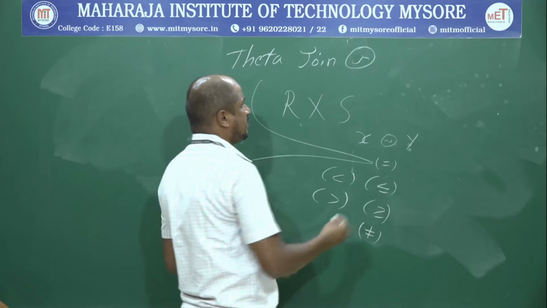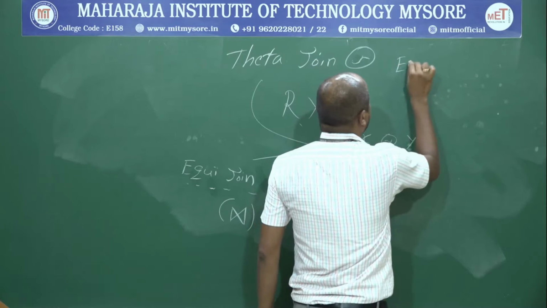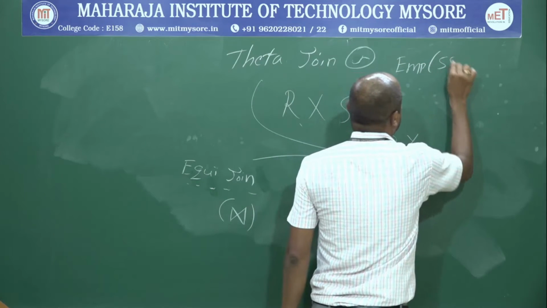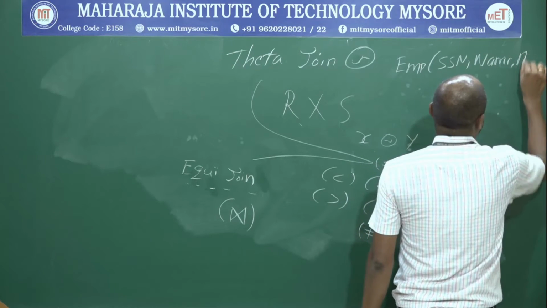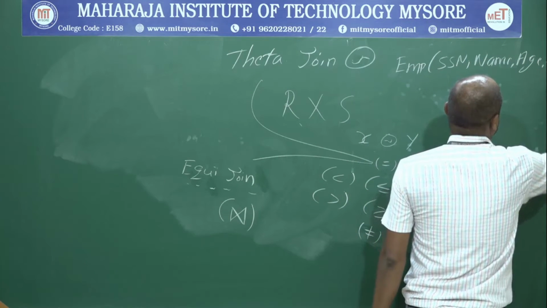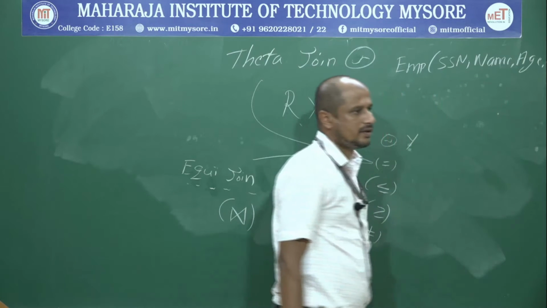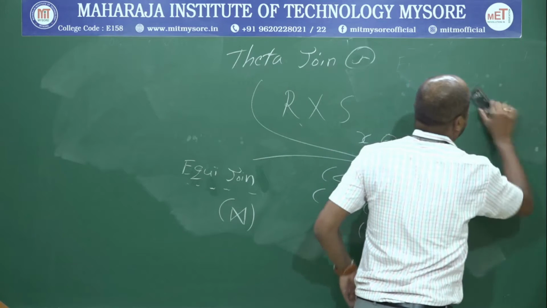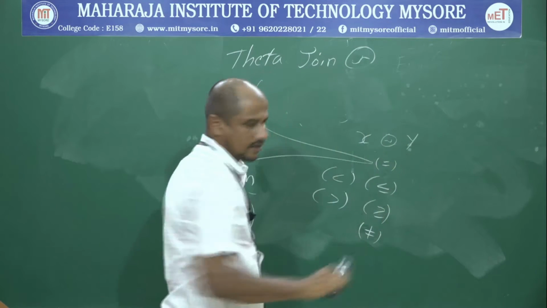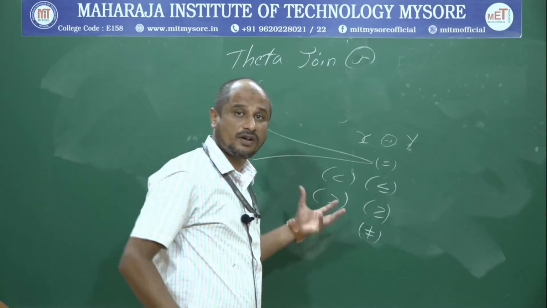So the employee table contains SSN, name, age, and D number, because I'm going to give an example for equijoin.